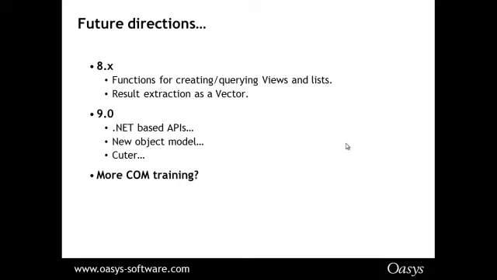But for the medium term, for the GSA 9.0 family of releases, we have plans to revamp the entire APIs and make them available as .NET based APIs. What that would mean is we'll get a new object model that's cuter and more elegant to work with.